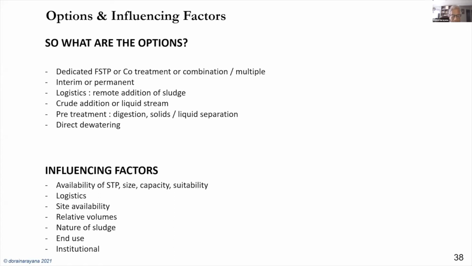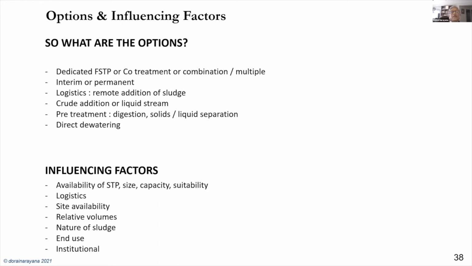And the final point here on the institutional is again a very important point. Now, who is running your sewage treatment plant? That could be one entity. It could be the city. Who is doing the fecal sludge? That could be another entity. So we have come across in many countries, these are two different entities.